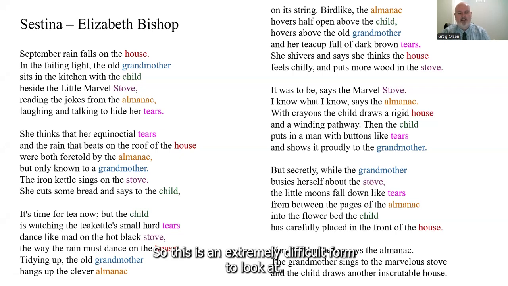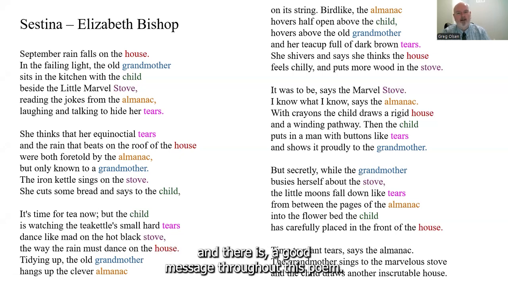This is an extremely difficult form, but I want you to read through this and see how, even though there is this tight structure, there is meaning and there is a good message throughout this poem.